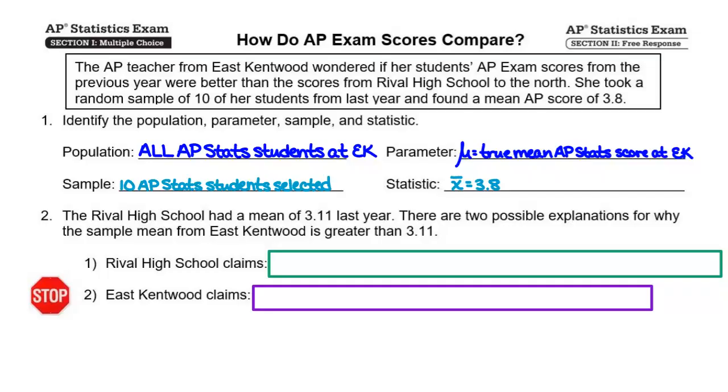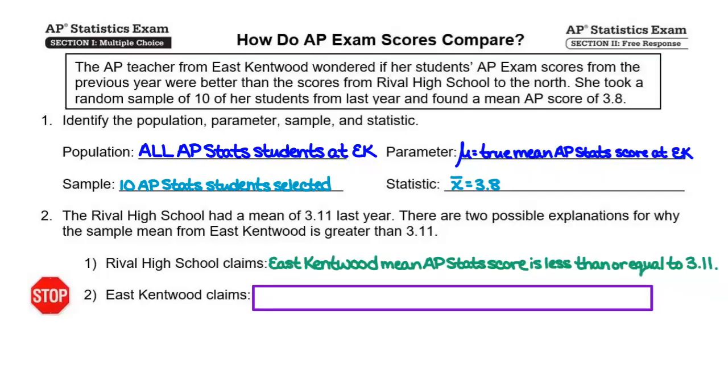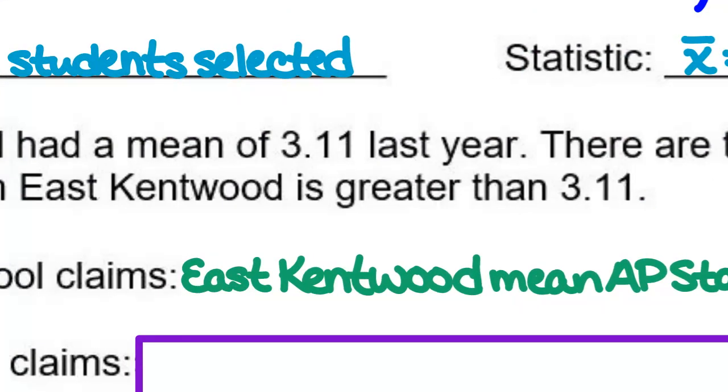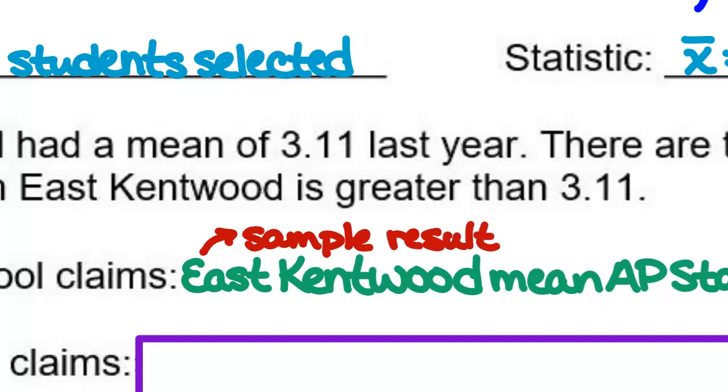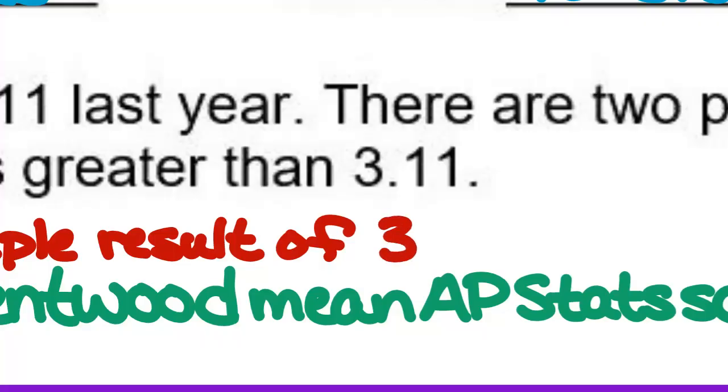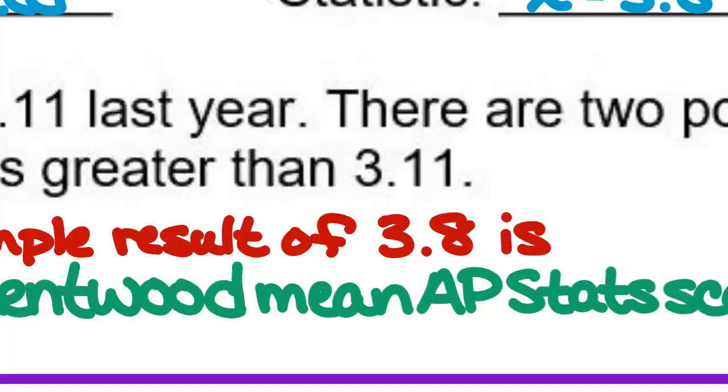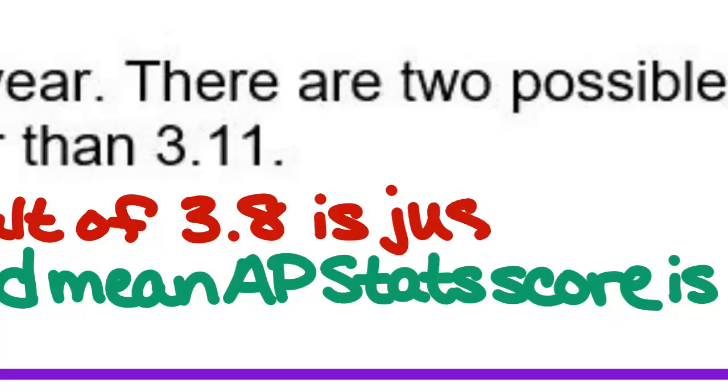So one of the possible explanations for why the sample statistic came out to be 3.8 is that East Kentwood's mean AP Stats test score is equal to or less than 3.11, and what we saw here was just a fluke. The sample results of 3.8 is just natural variation.